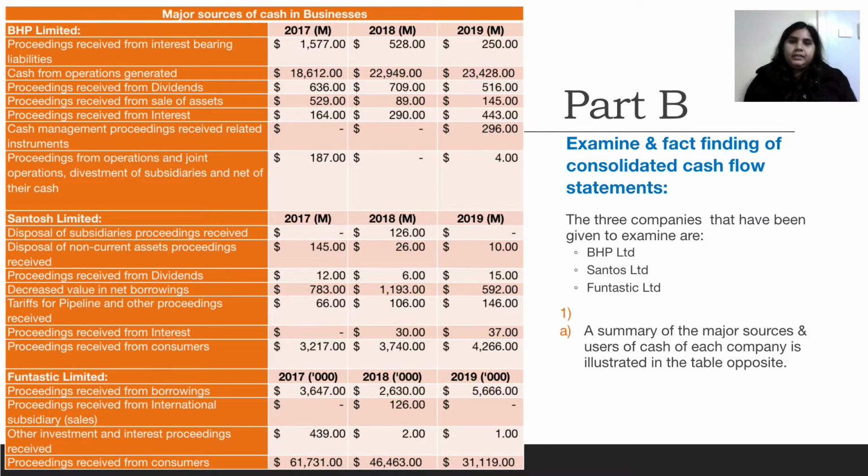Examine and fact finding of consolidated cash flow statements. The three companies that have been given to examine are BHP Limited, Santos Limited, and Fantastic Limited. As you can see in the slide, a summary of major sources and uses of cash of each company is illustrated in the table opposite.